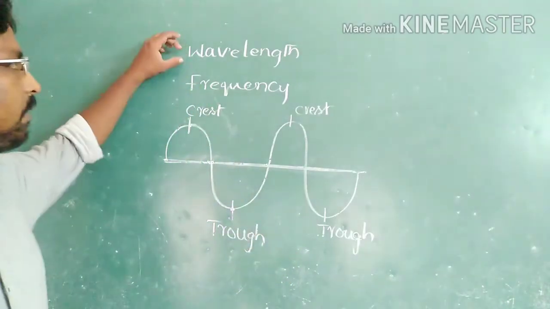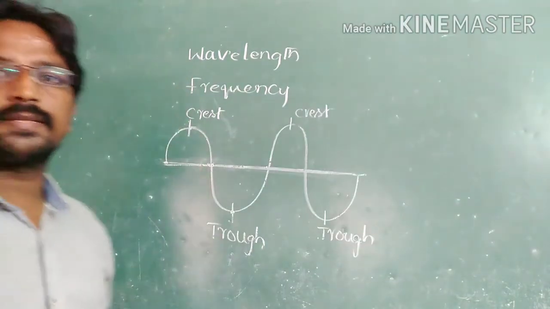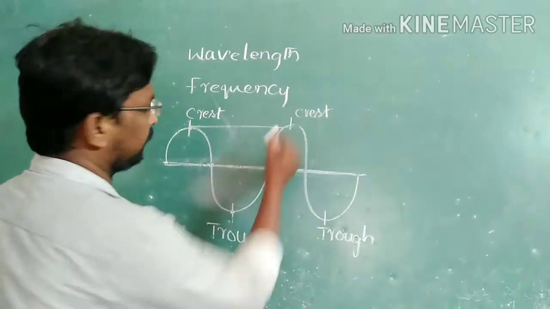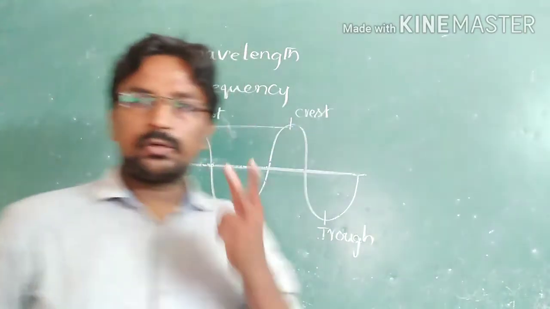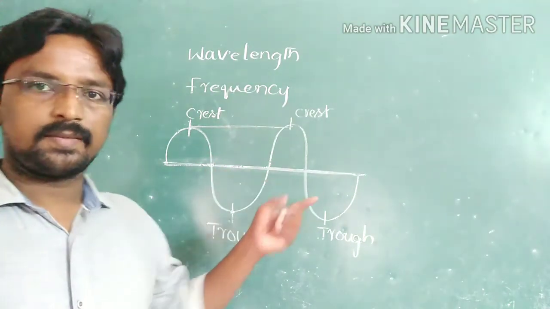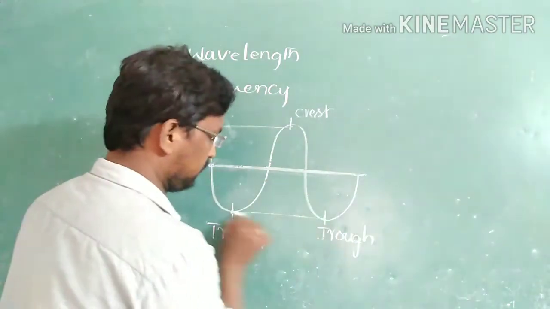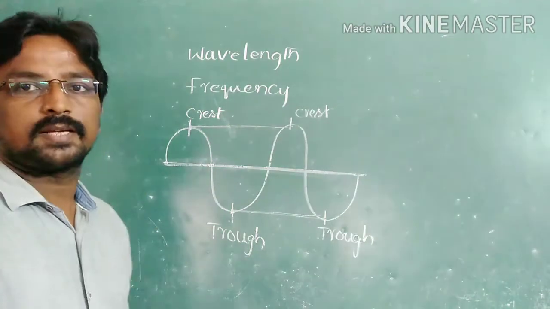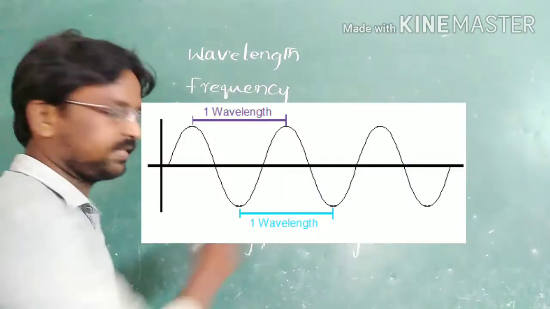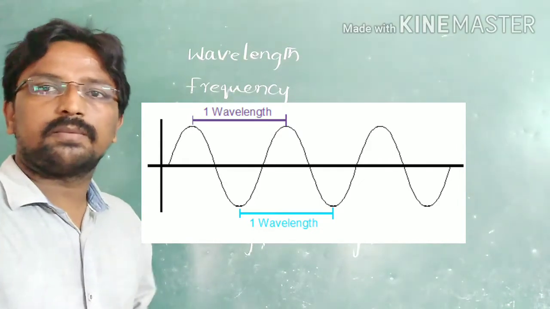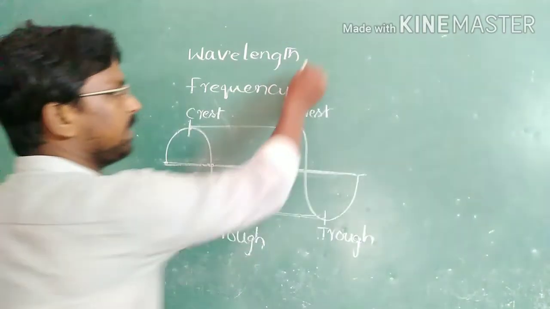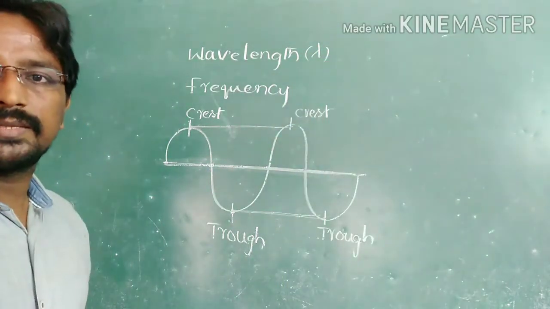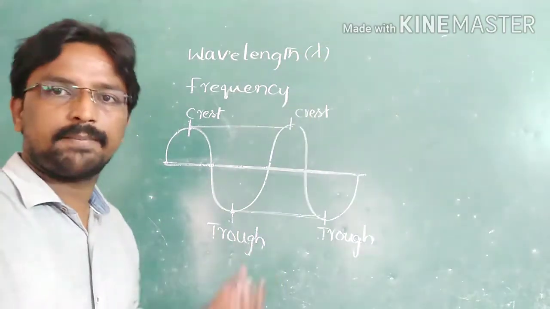Right? So then what is wavelength? Wavelength is nothing but the distance between two adjacent crests or two adjacent troughs. Wavelength is denoted with the symbol lambda.